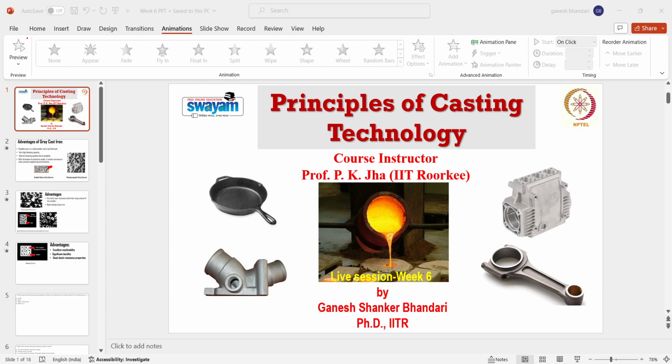Then coming to the second point, casting yield is very high. Casting yield is about how much material we pour and how much weight of casting we get. In the continuous casting process, casting yield will not be that high, because scale formation due to oxidation will be major at that point.